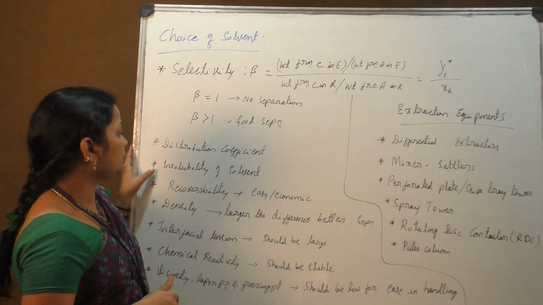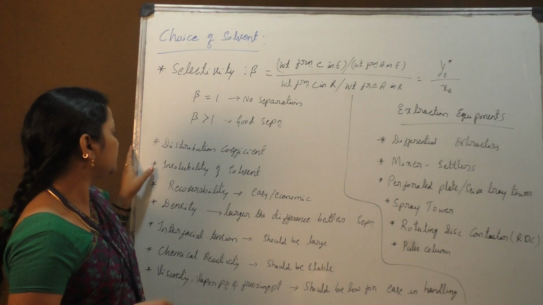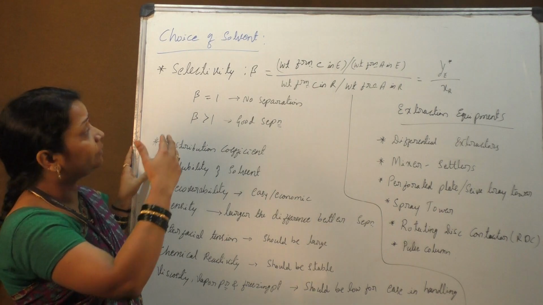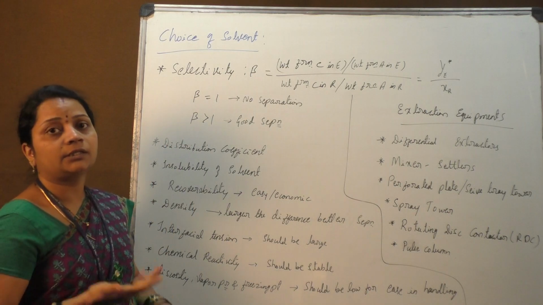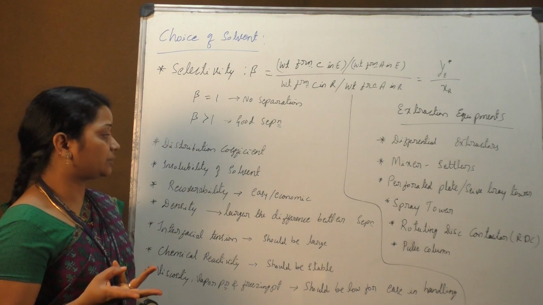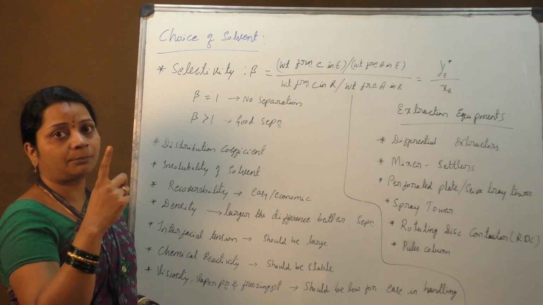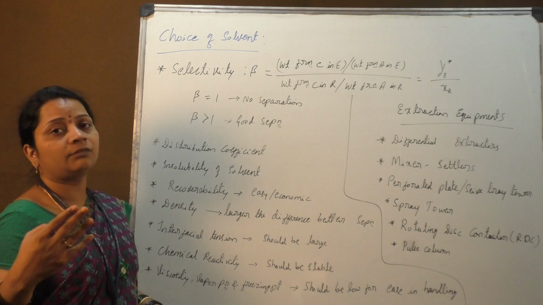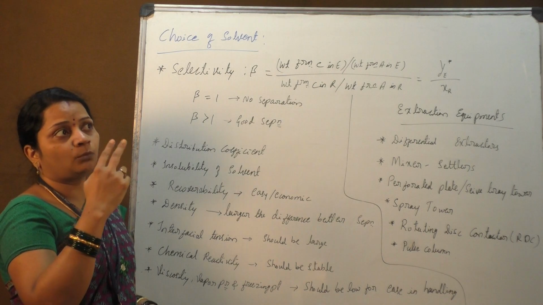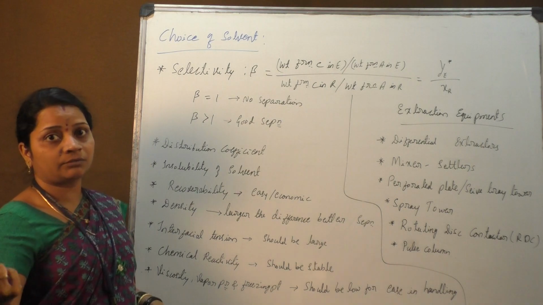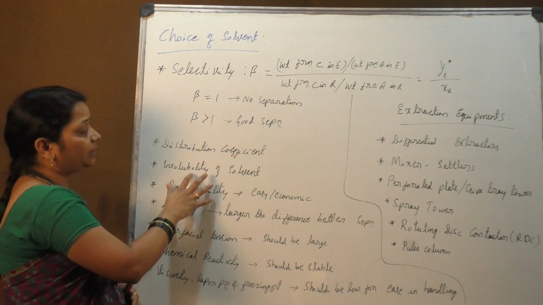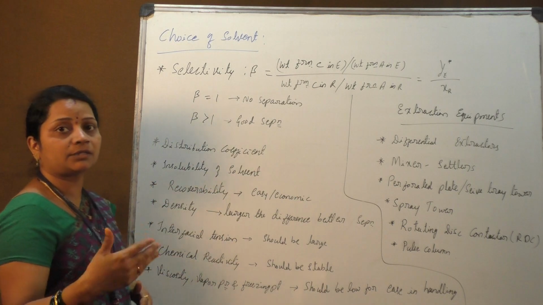And the insolubility of solvent is also an important parameter here. We came across in a previous slide a three liquid system where one pair is partially miscible, two pairs are partially miscible, and in the third case one pair is partially miscible with one solid present. In such cases, the insolubility of the solvent matters a lot.